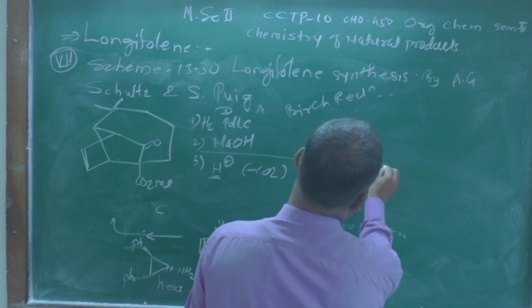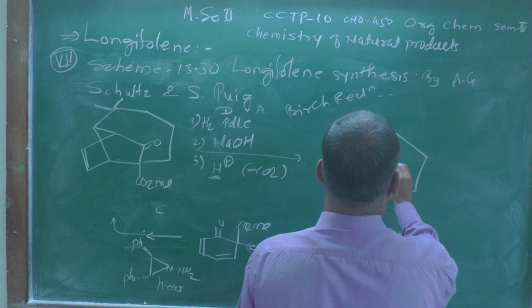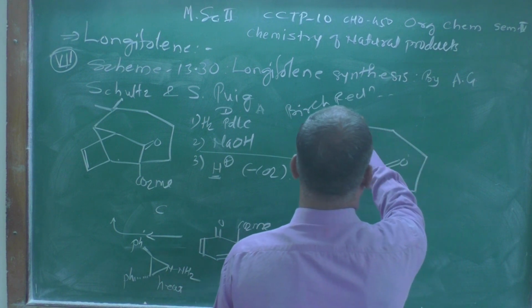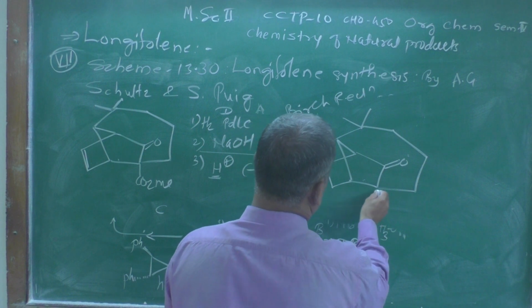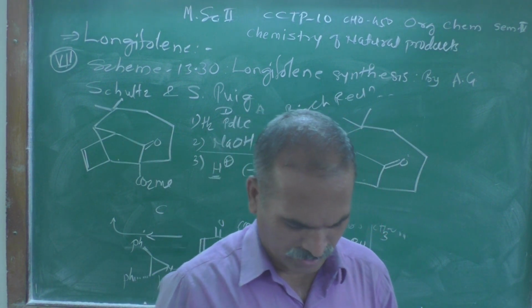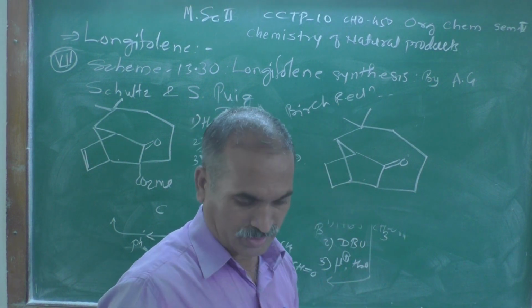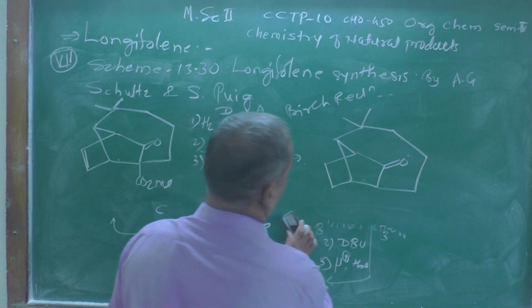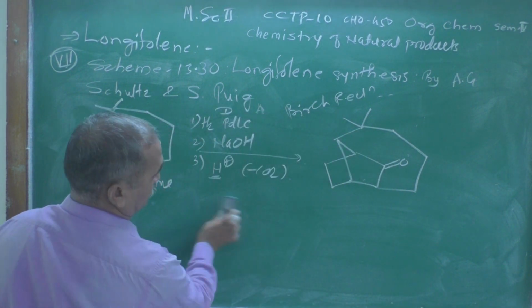Here is this one. Look at the product which we got over here. This carbonyl group remains as it is, the gem-dimethyl should be over there, and here there is no methyl group at all.